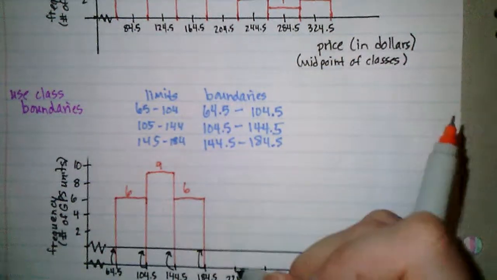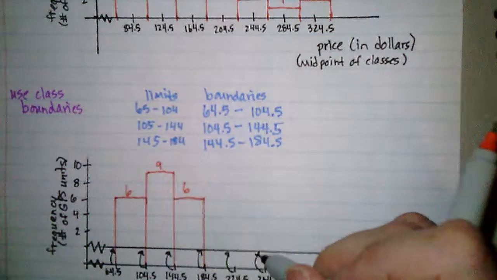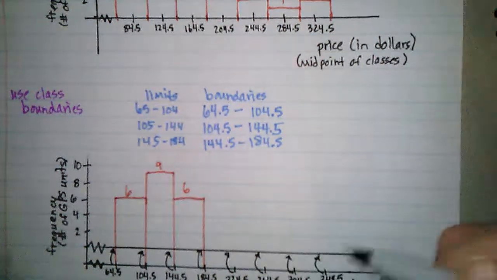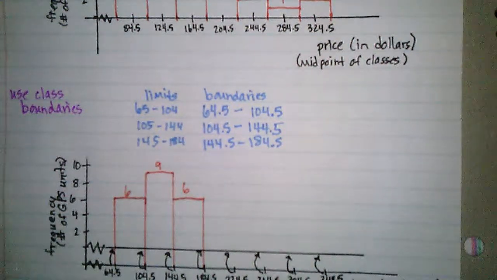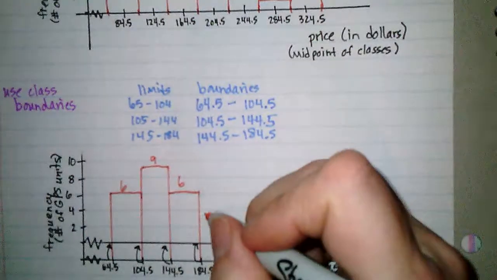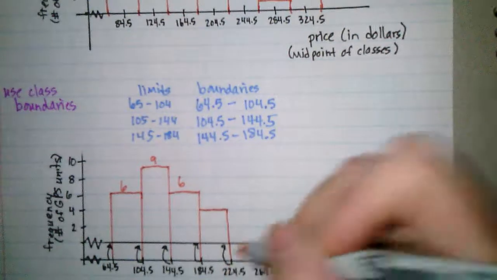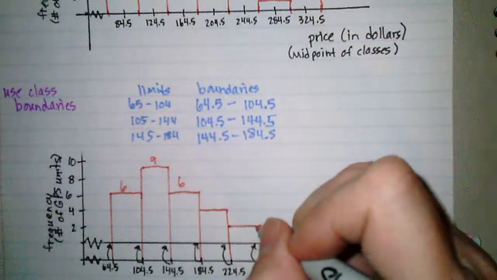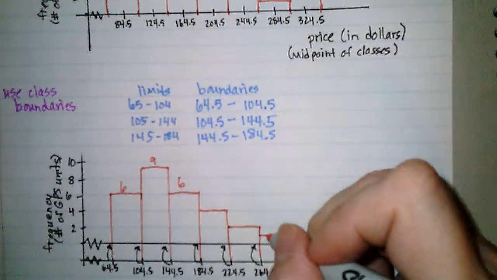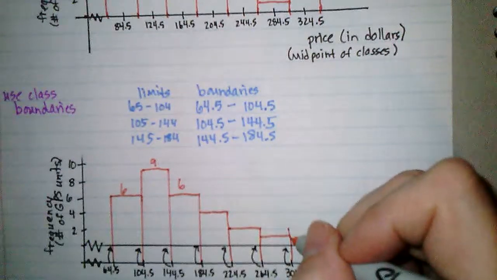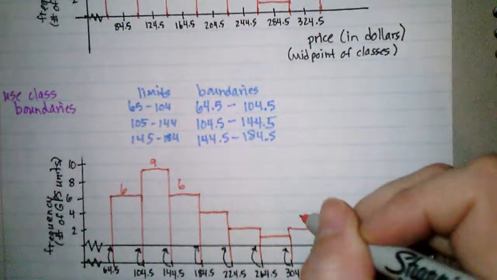And try not to mess yours up. Darn it. I hate when I mess stuff up. Oh well. So 4. And then 2. And then 1. And then 2 again.